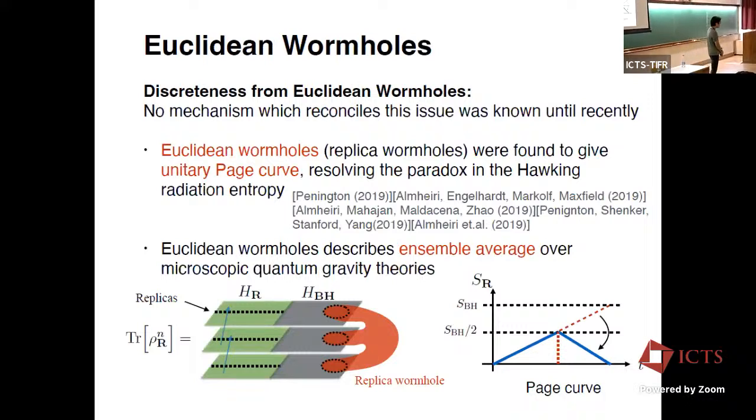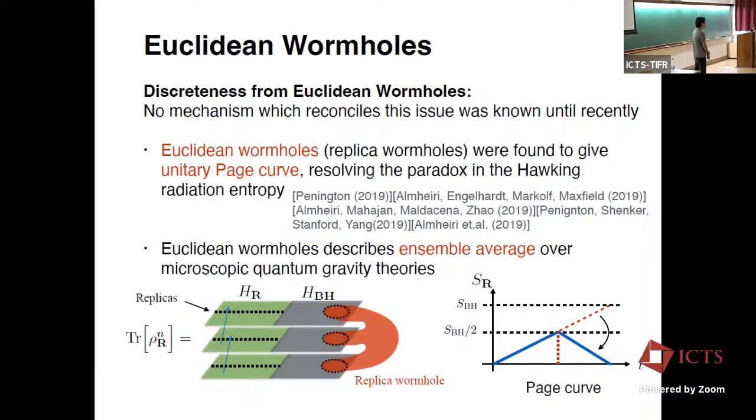We learned recently that this discrete spectrum can be captured by the introduction of the so-called Euclidean wormholes. In the series of papers in 2019, it was shown that once we include the Euclidean wormhole contribution into the replica manifold path integral, then you can get the correct unitary entropy for the Hawking radiation, reproducing the so-called Page curve.